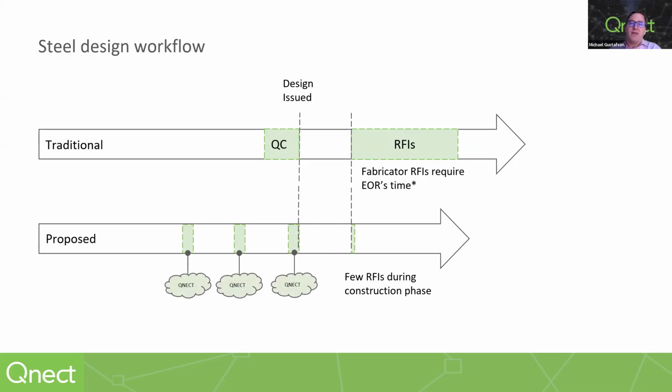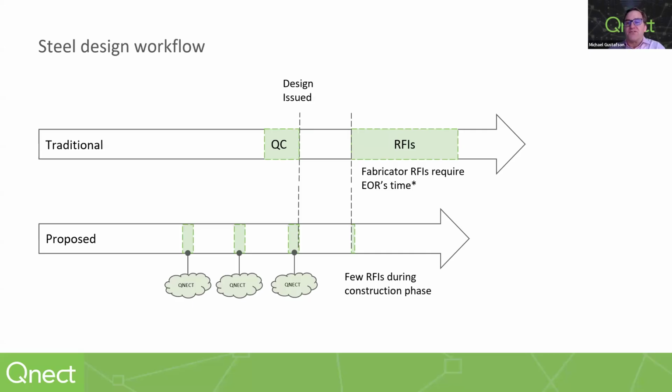So what we're looking at is a workflow of, what if you could discover and resolve these RFIs during design? The RFIs related to or impacted by the connection design, constructability, checking the quality of your 3D models, these types of things that show up generally later as steel RFIs.